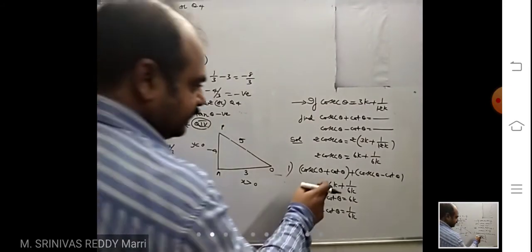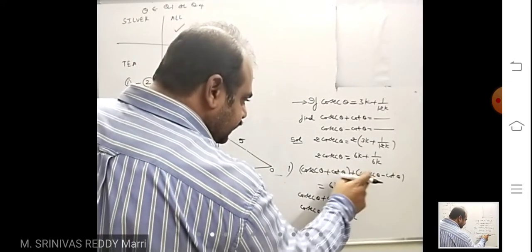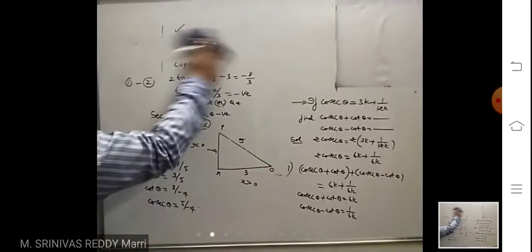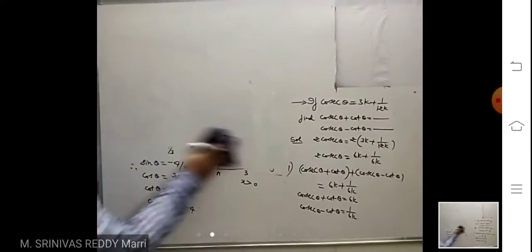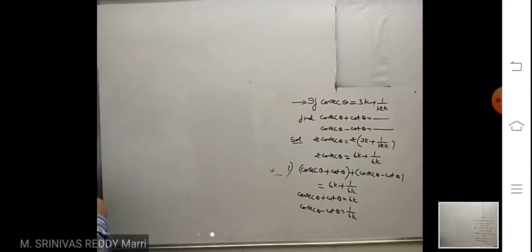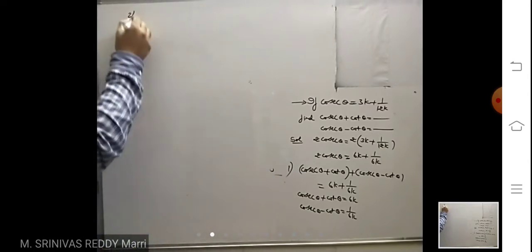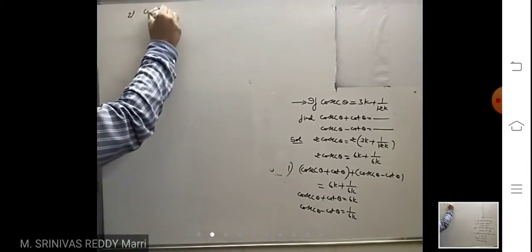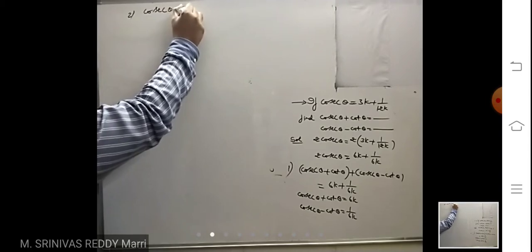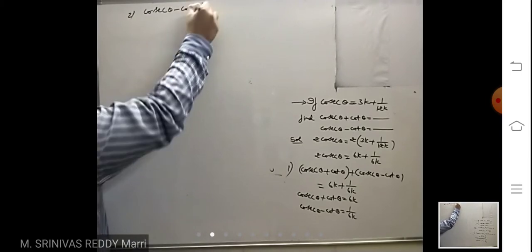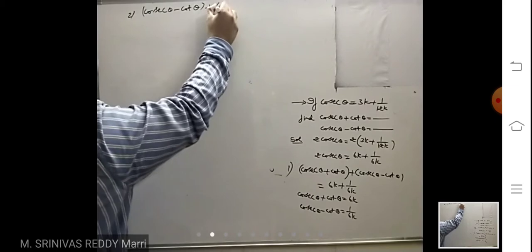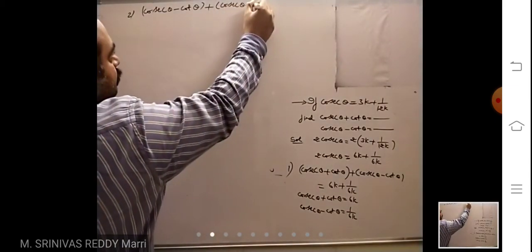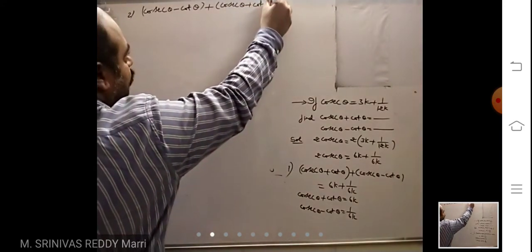So some student is not interested to write like this. He will write minus cot theta here, he will write plus here. That is also correct. Even if you sum also, you will get same only. So second case will be like, I will write 2 cosecant theta only as cosecant theta minus cot theta plus cosecant theta plus cot theta.